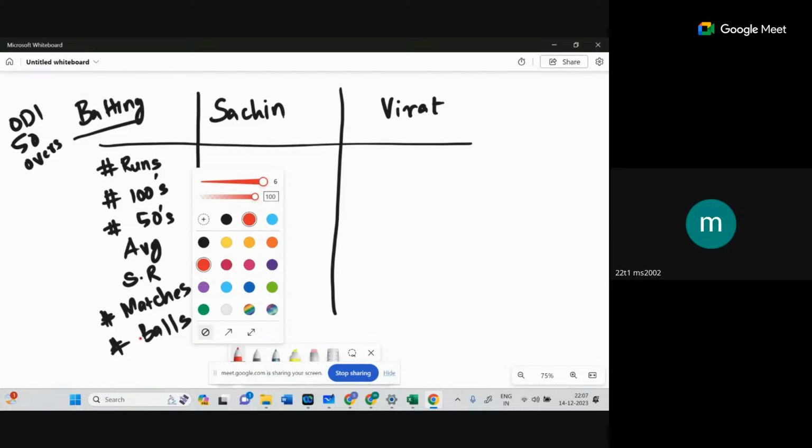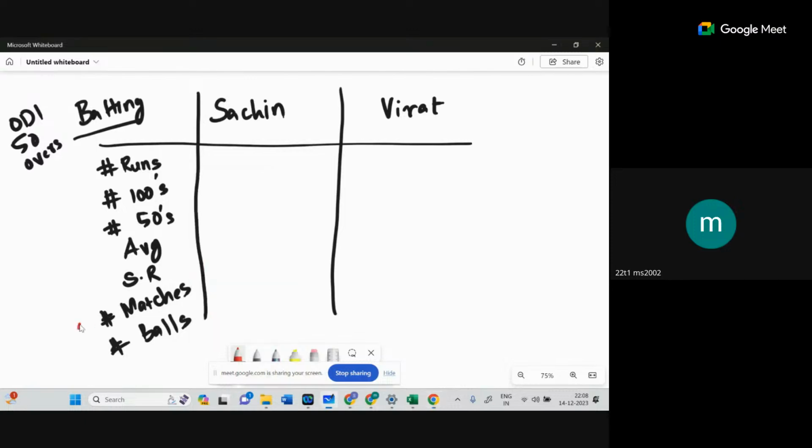For that you need to calculate the efficiency. What are the inputs and what are the outputs here? If you ask me, I will say number of matches and number of balls faced are the inputs. Number of runs, 50s, hundreds, average, strike rate, all these are outputs.